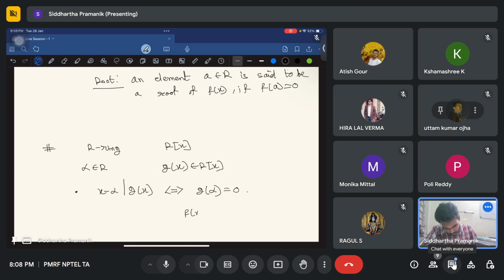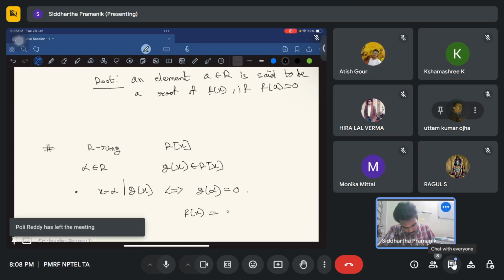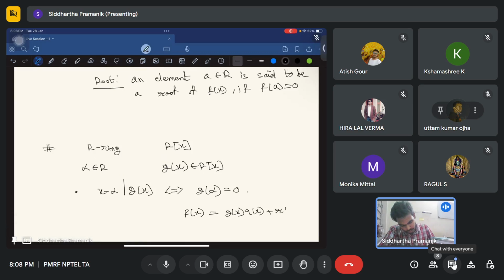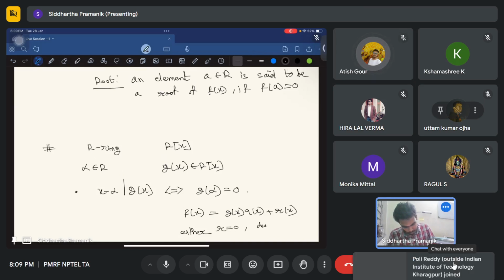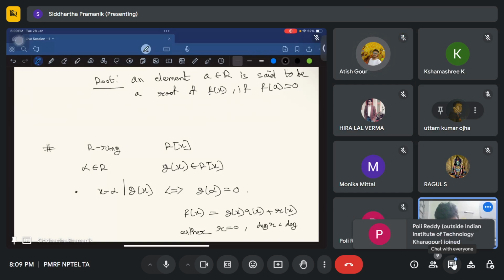If you divide f of x by g of x, and let's say q of x is the quotient and r of x is the remainder, I think the other way should be true. Either r is 0 or the degree of r should be less than the degree of g. Yes, that is exactly the statement.